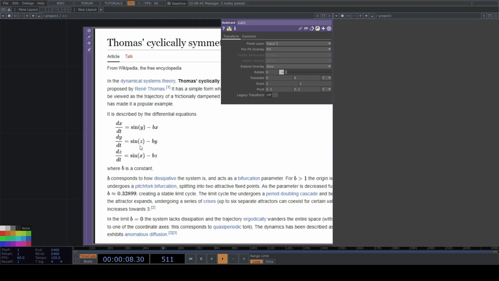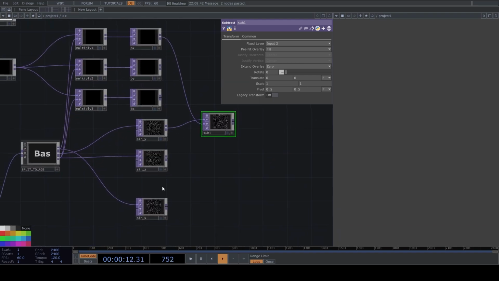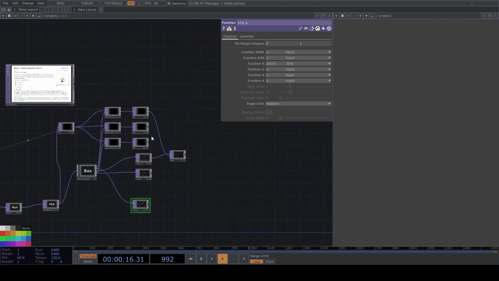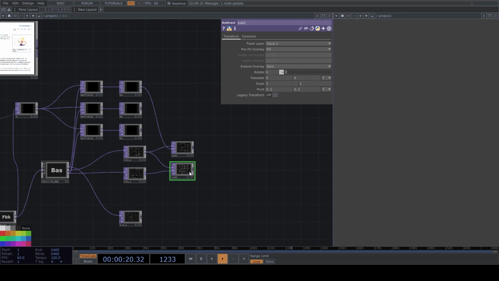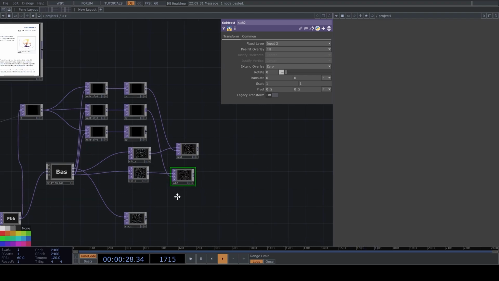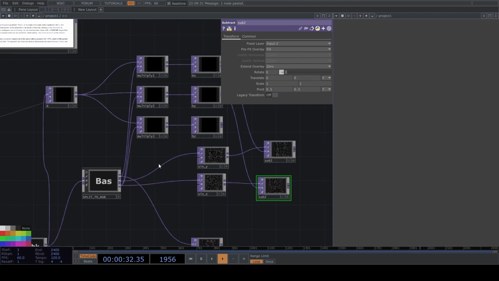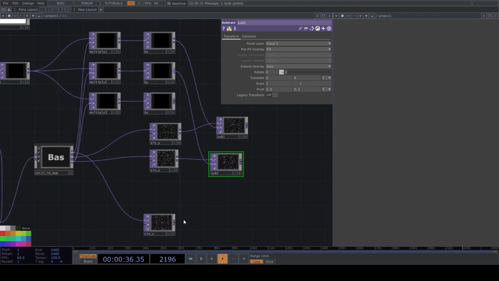Here sine of z subtract b multiplied by y. And sine of x minus b multiplied by z.